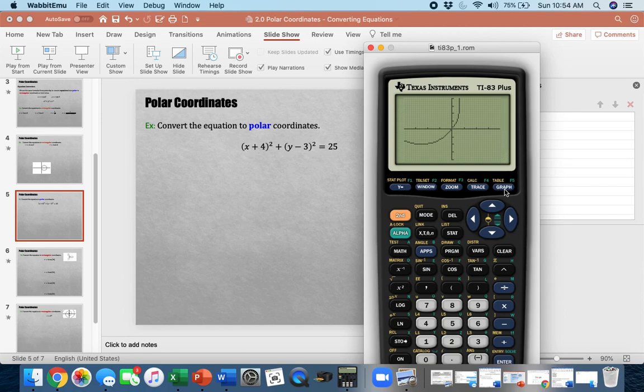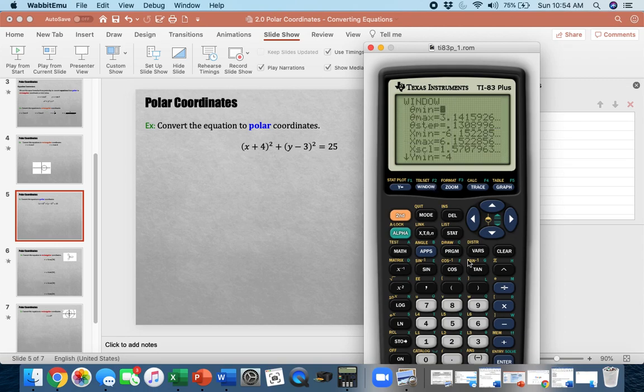What is that? Oh, right. See, this is why it's important to think about what you should get. This is a circle whose center is at -4, 3. -4, 3 is here, so the center is like here, right? And a radius of 5 from that, I don't see it all.